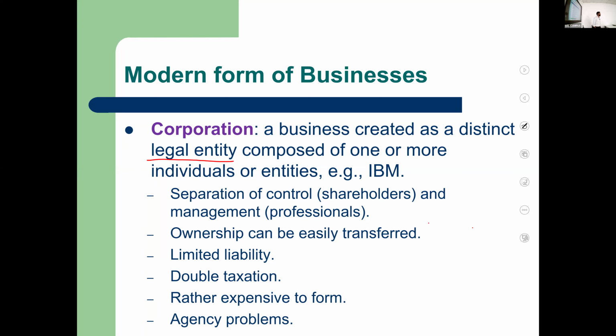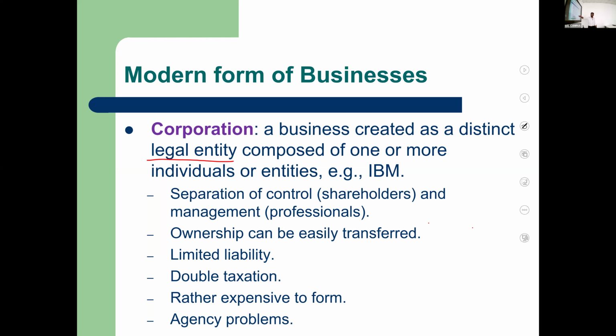And limited liability. What is limited liability? Shareholders don't have to give their personal assets. If there is bankruptcy or any financial problems with the company, as an individual shareholder of that company, you don't need to provide your personal assets to settle those obligations, right?